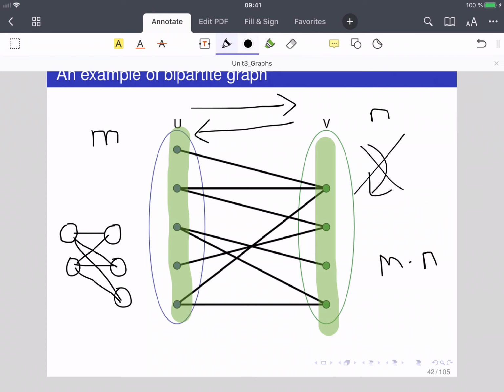Okay, and in that case I have exactly m times n edges. So the number of edges is at most m times n, that is the maximum. And the degrees are, for the case in which I have m vertices, at most n, and for this case at most m, in the case in which they are connected to all the other vertices in the other part.